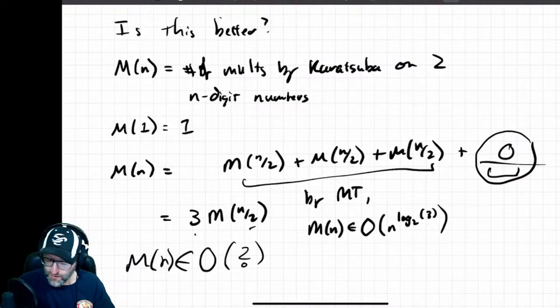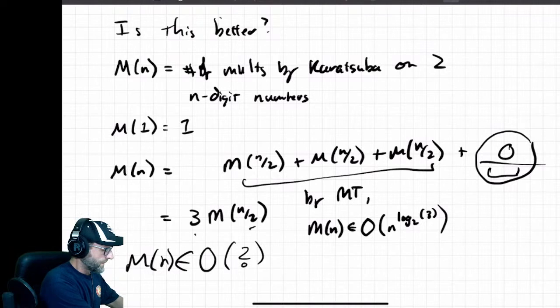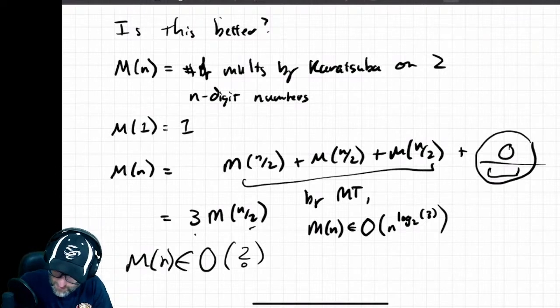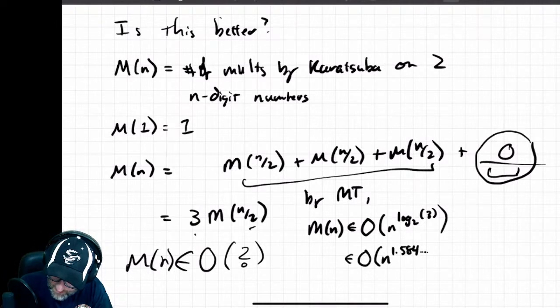You can pull out your calculators and find that this is actually going to be less than 2. Again, I'm going to go with Wolfram Alpha here. If I've got log base 2 of 3, that's going to be about order n to the 1.584 dot dot dot, right?